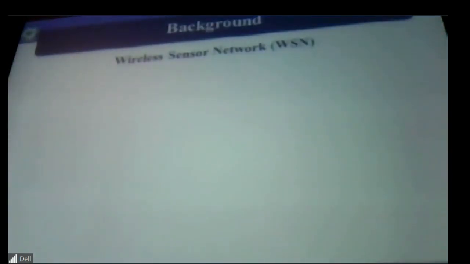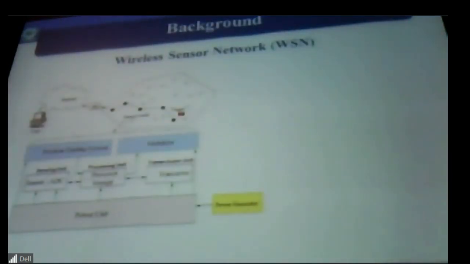So, let me give some background about the wireless sensor network.